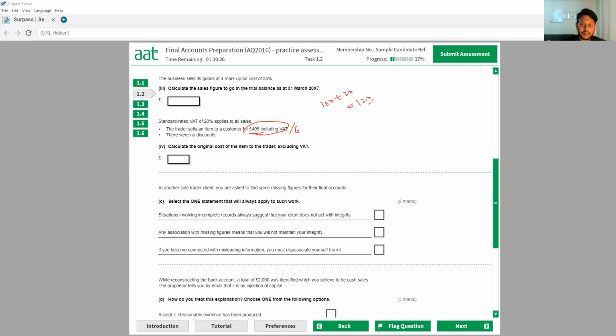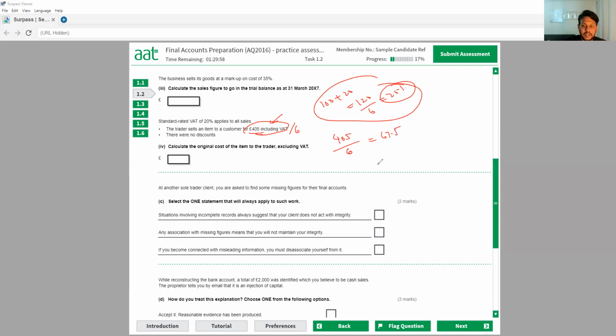So 120% means if you divide by 6, then it will be 20%. For that reason, you don't have to know all of this. You just know if the question says the VAT is included, you divide by 6 to find out how much the VAT is. So 405 divided by 6 will tell you how much the VAT is. That gives us a VAT of 67.5.